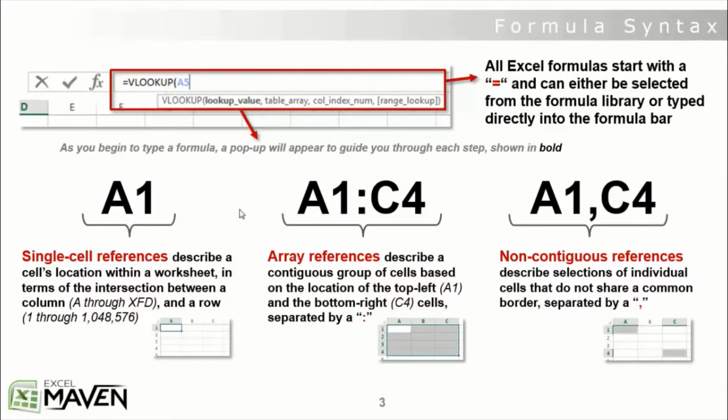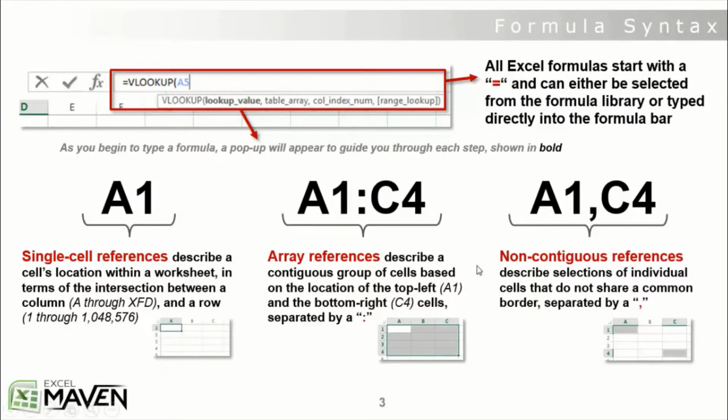As of Excel 2013, columns go from A through XFD, which is just over 16,000 columns, and rows extend from 1 through 1,048,576. So a single cell reference will just look like the combination of a letter and a number.